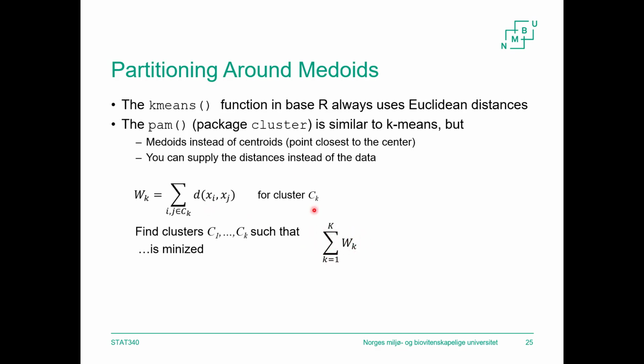If you use Euclidean distance in PAM, you will not get as small a minimum value, because the center of the cluster must be one of the members, while in k-means it's the average member, you could say. Okay, we will have a look at how we can do both k-means and PAM in R.